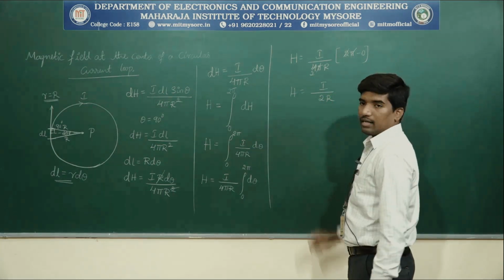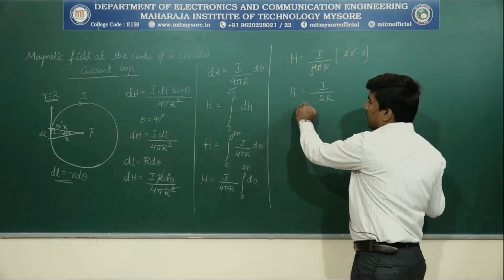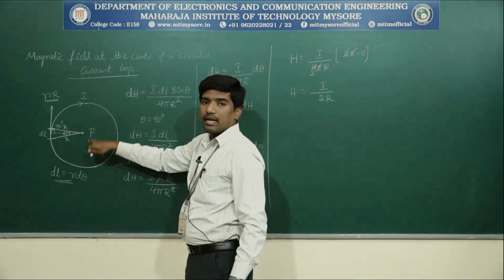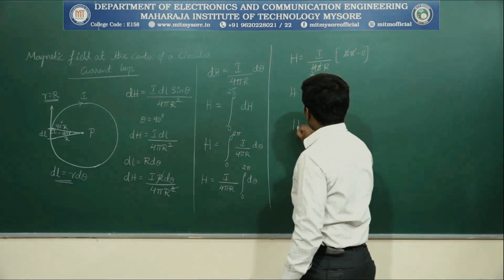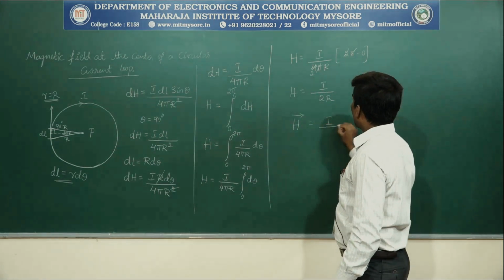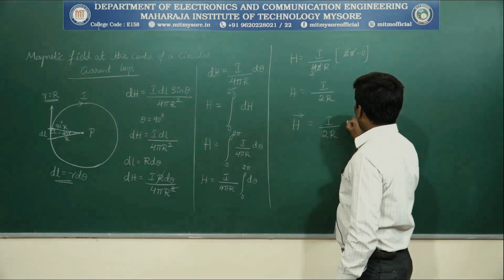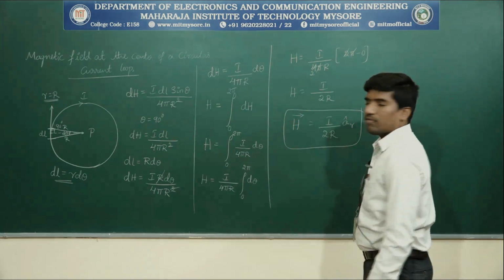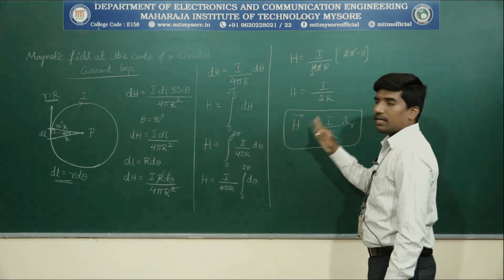This is the magnitude of magnetic field intensity due to a circular current loop. If we represent this in terms of vector, then H is equal to I divided by 2r into a cap r. This is the complete representation of magnetic field intensity.